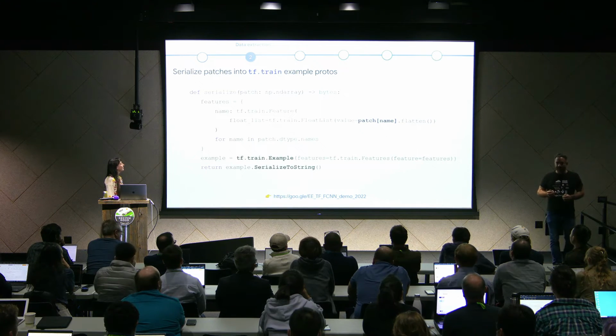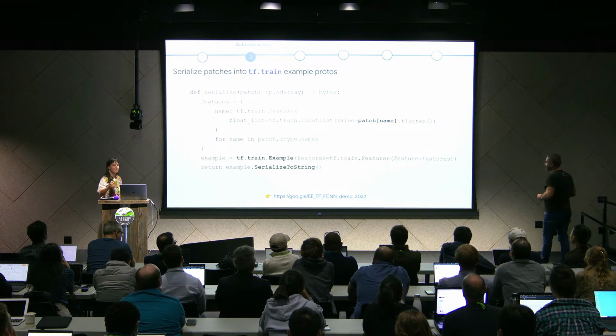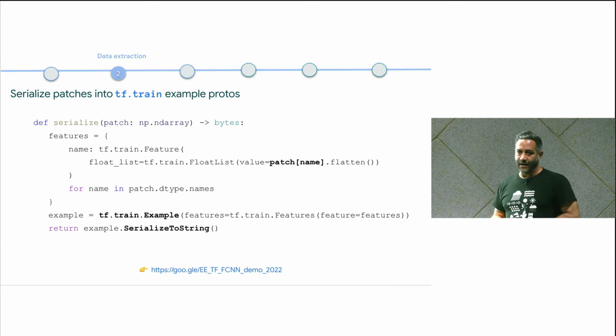Before you can send those patches into TensorFlow, you have to serialize them. Or at least this is an efficient way to get those things into TensorFlow. The array that you get from get download URL is a structured NumPy array, which means that you get the bands out by just using their name to index into that array.